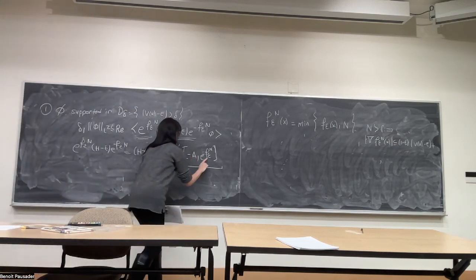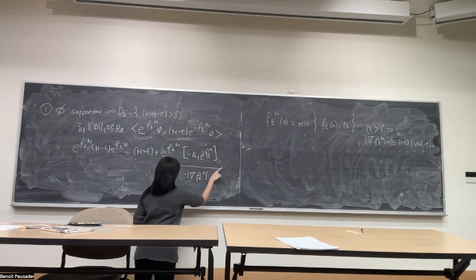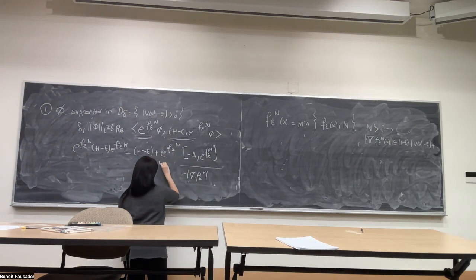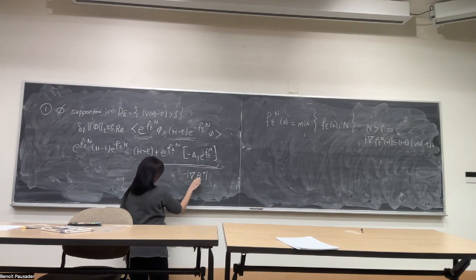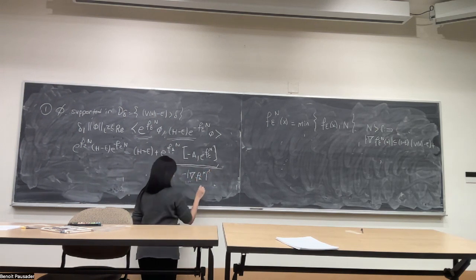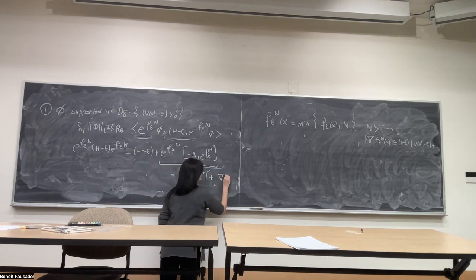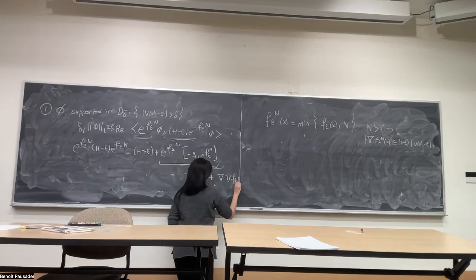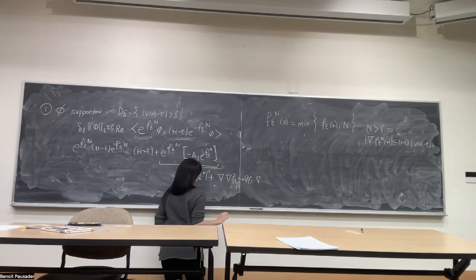So once you look at this one, it will give you the epsilon n. Actually, the whole thing is going to give you, because this is also going to cancel, so let me write this. It's going to be negative the gradient of epsilon n squared, and then you will have this anti-symmetric part here, which is going to be gradient of phi plus gradient of phi dot gradient.